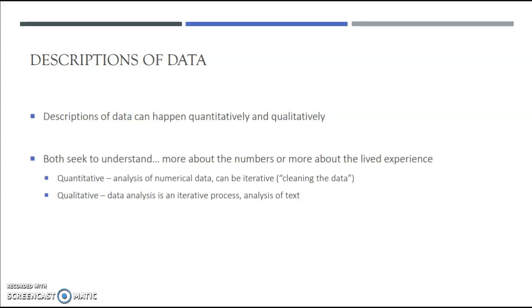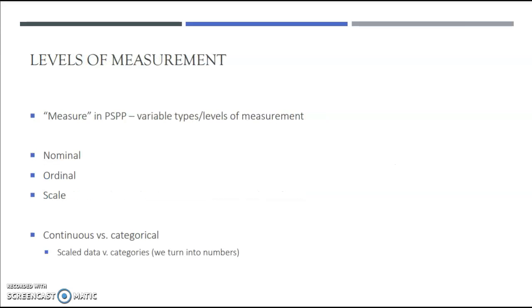But remember, qualitative data, we're looking at the stories, we're looking at an iterative process where we, the researchers, are part of the tools. And then quantitative data is using the numbers and making an inference or analysis about data from a numerical source. So remember, we have different levels of measurement.